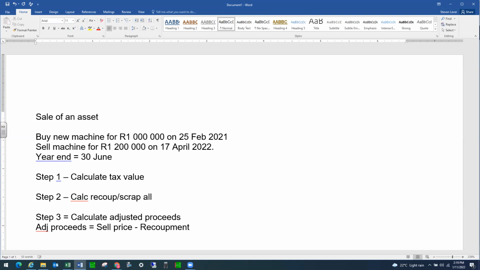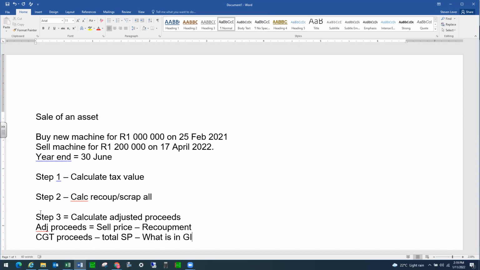That's always what happens with CGT. With CGT, all of your calculations, your CGT proceeds is equal to total selling price minus what is in gross income.